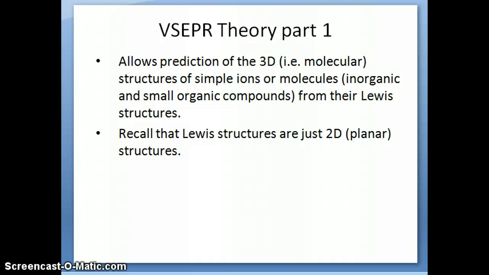Okay, now let's get back to VSEPR theory because that's what we're going to be talking about here. The VSEPR theory itself is useful not so much for predicting really big molecules like DNA, but for predicting smaller ions or molecules, whether they're inorganic or organic compounds, that you can draw Lewis structures of.